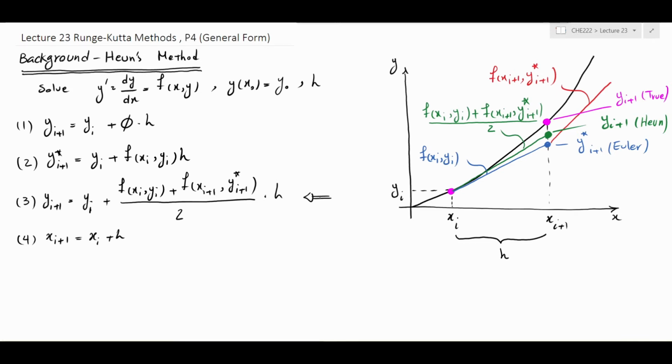Now I just introduced another equation number 4, which is basically saying that x at the end of interval is x at the beginning of interval plus the step size.